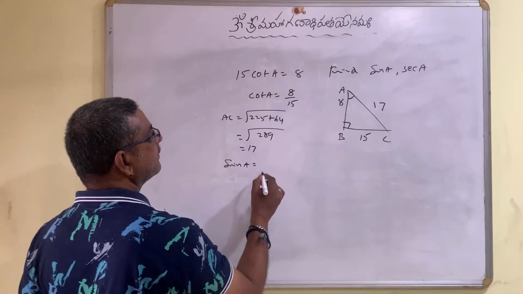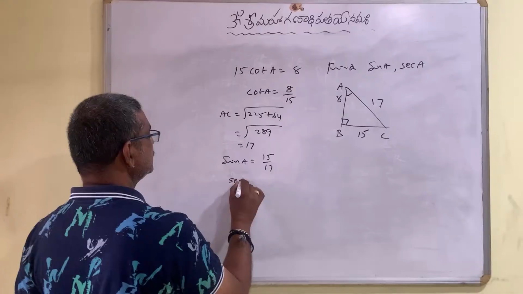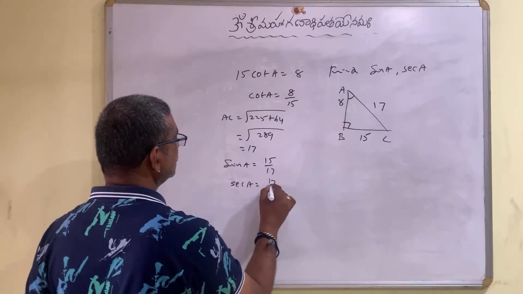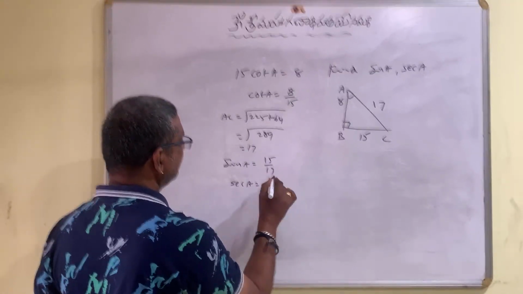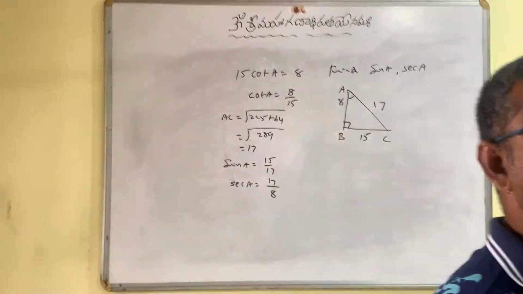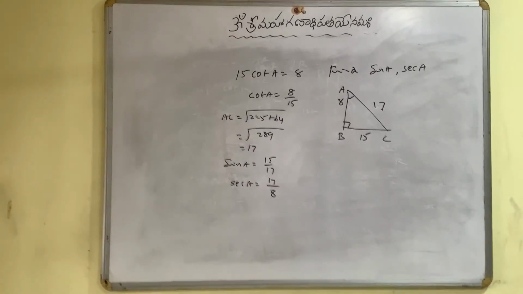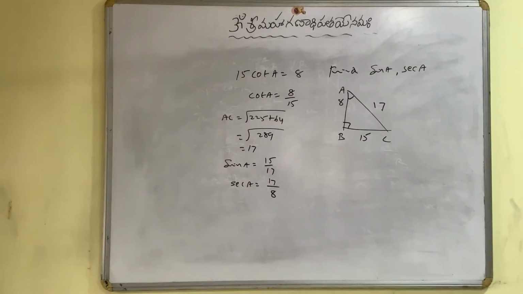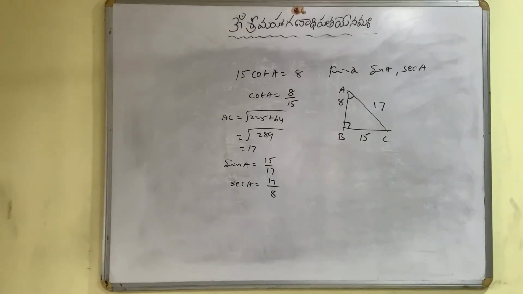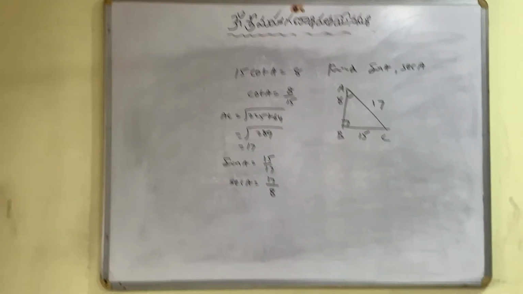Sin A is 15 by 17. Secant A is hypotenuse by side adjacent to angle A, 17 by 8. Not 18, 8. 17 by 8. Okay? Kaushik is not there in the class.